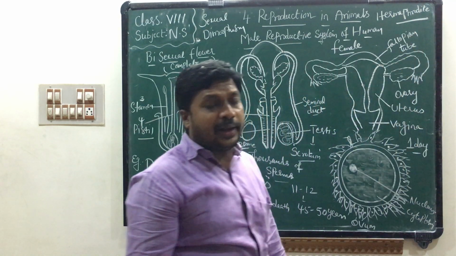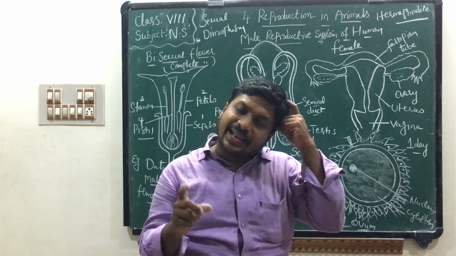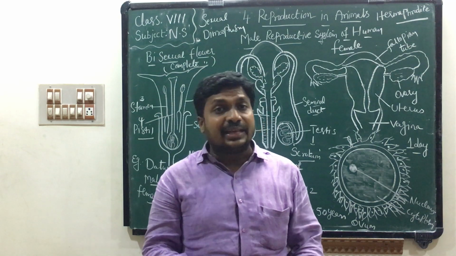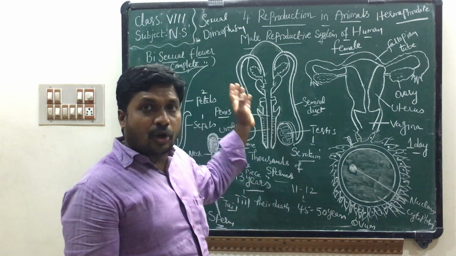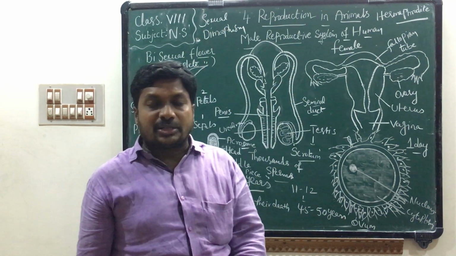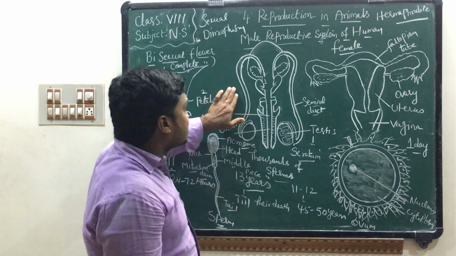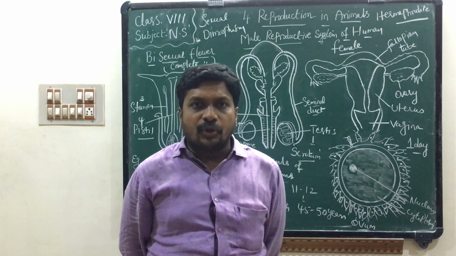An animal which has two sex organs in a single animal, meaning it has testis and ovary in a single animal, is called a hermaphrodite. Human beings are called sexual dimorphic animals because we can separate male from female. The male reproductive system is present in male human beings, the female reproductive system in female human beings.